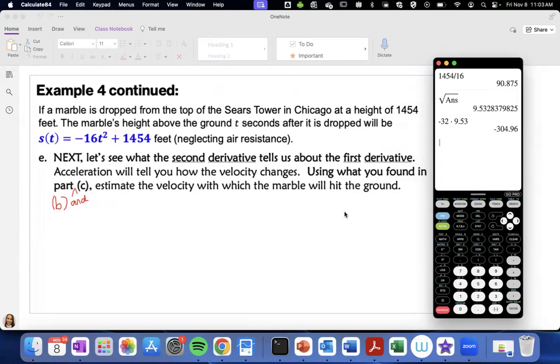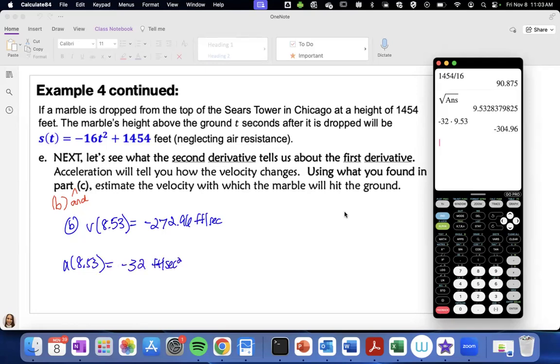So here's what I knew. In part B, I know the velocity a second before it hits the ground is negative 272.96 feet per second, right? I also know the acceleration at that same value, sorry, at 8.53 seconds is negative 32 feet per second squared.